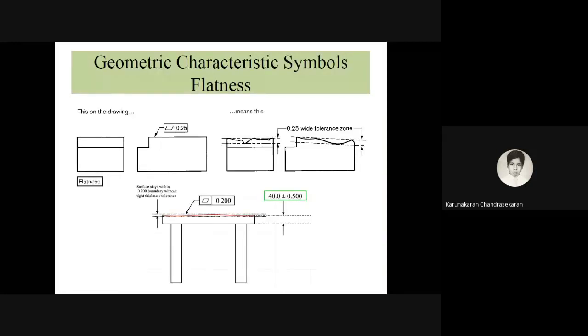Similarly, flatness. How do you represent flatness? This is a simple symbol, and again you have to measure the difference on the surface, and then mention how much difference you observed: 0.2 with respect to this particular area.